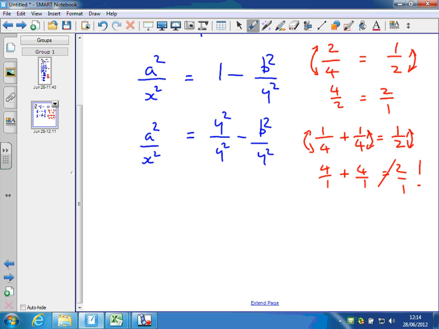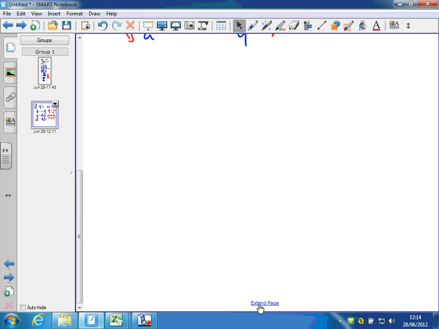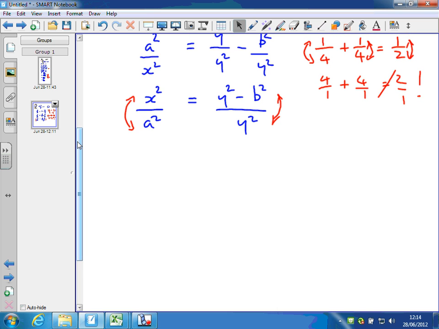So this little algebraic trick means that I can now write this as y squared minus b squared all over y squared equals x squared over a squared. So I can invert these two fractions now. I can invert these two because I've only got one fraction on each side, and this is not an uncommon little algebraic trick to use in problems like this, so it's worth seeing it.